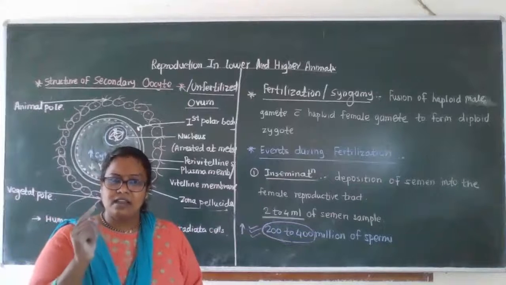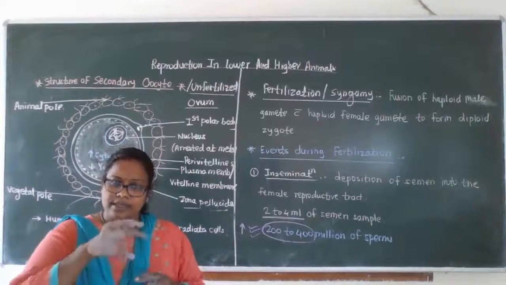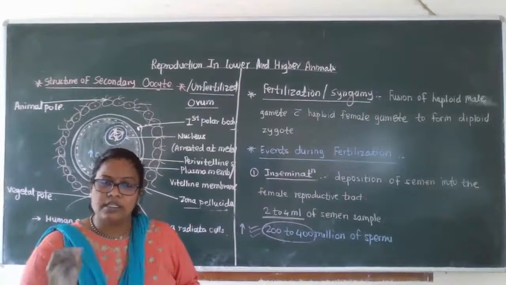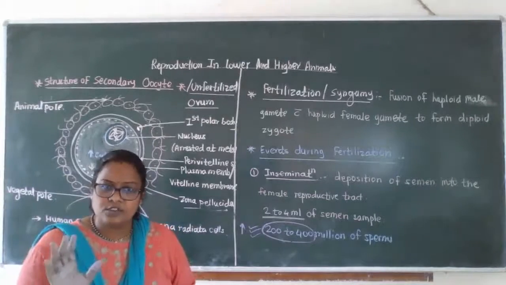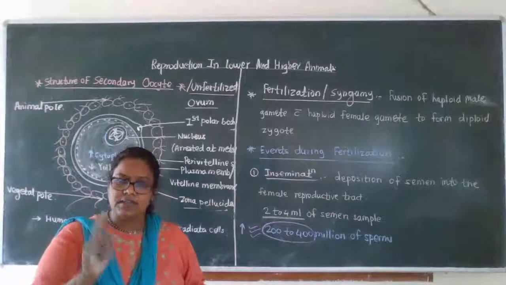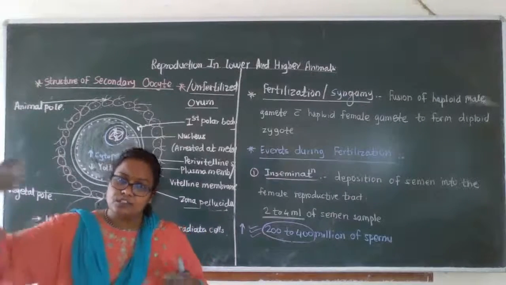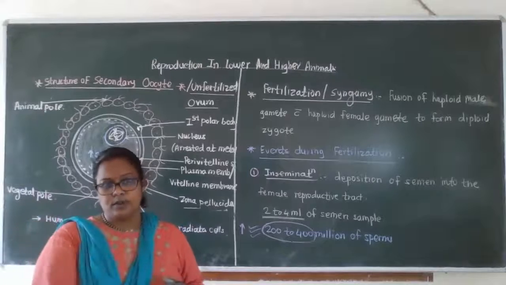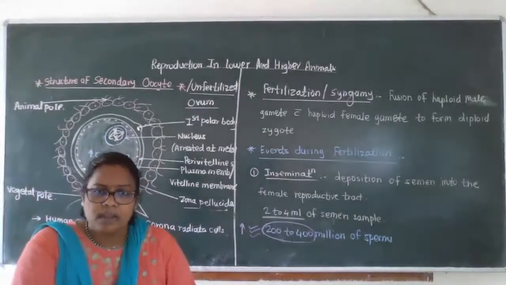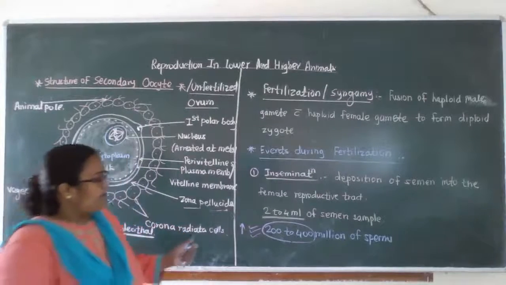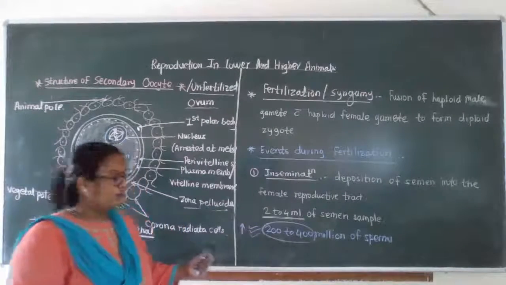A single ovum or secondary oocyte can receive more than hundreds of sperm at the same time on its surface. As big as it is, it can receive more than hundreds of the sperm.